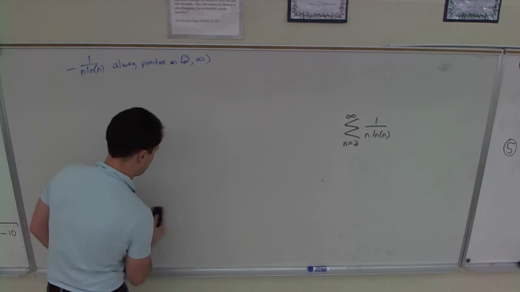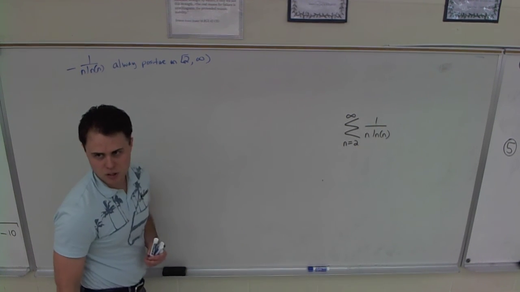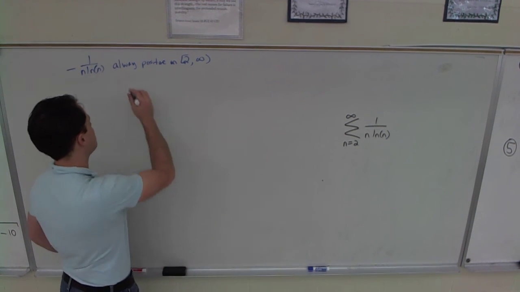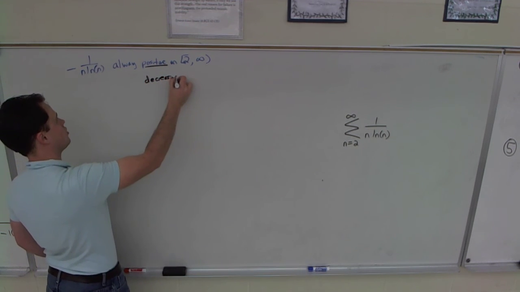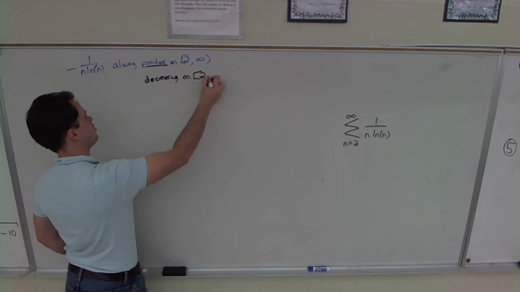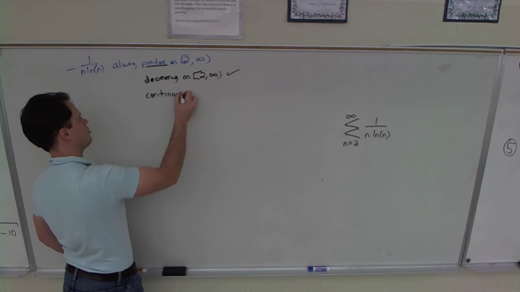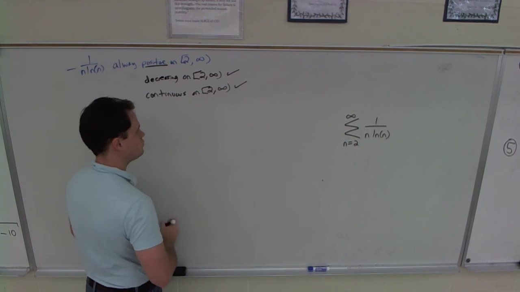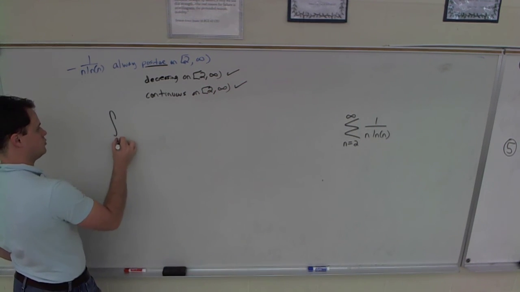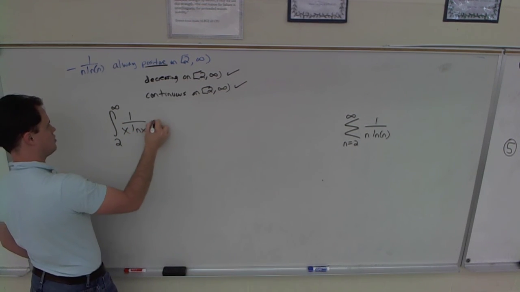The integral test is something we can do on this function. We don't have any asymptotes in 2 to infinity, right? So it's continuous. So positive, decreasing, and it's continuous. Integral 2 to infinity 1 over x ln x dx.